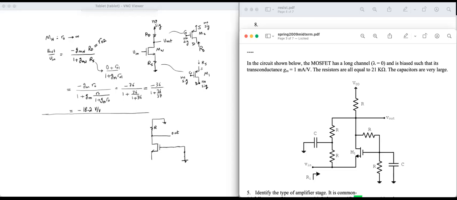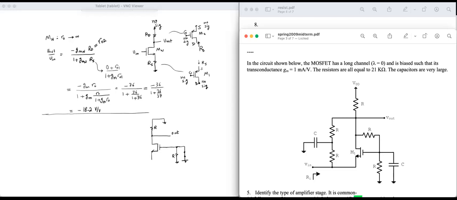It will not just ground the gate, it will also completely bypass, it will short R. So this resistor in parallel with the capacitor is now shorted and becomes useless, basically.